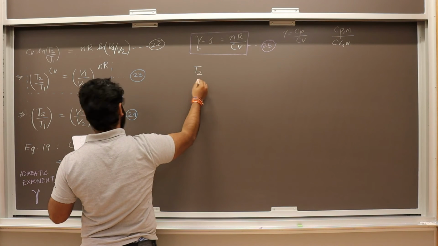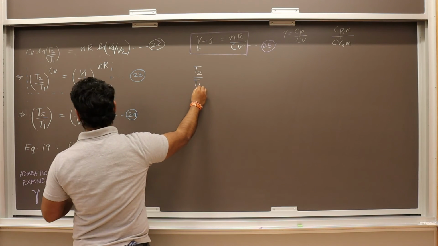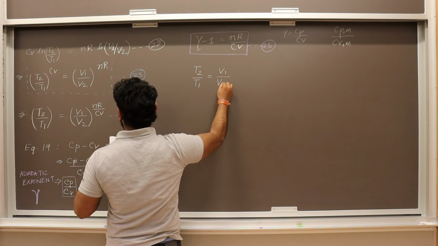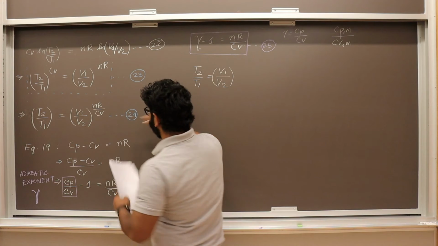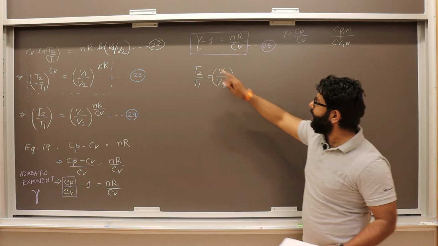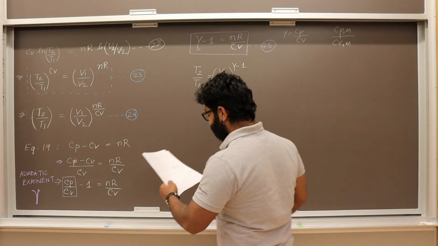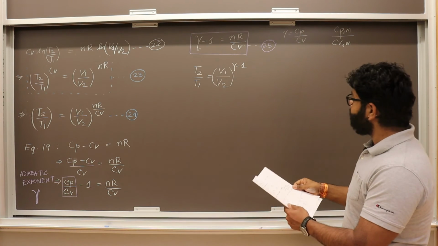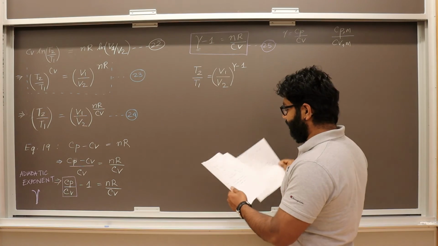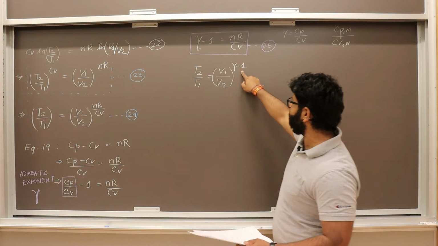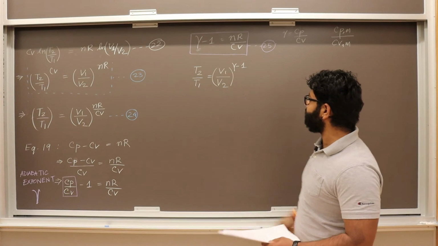We get T2 by T1 equal to V1 by V2. This was supposed to be nR by Cv, but now we have gamma minus 1. So we have T2 by T1 is equal to V1 by V2 to the power of gamma minus 1.